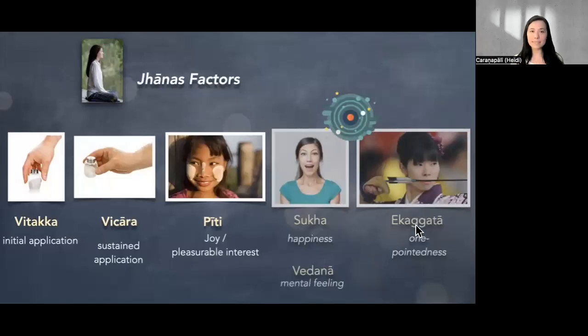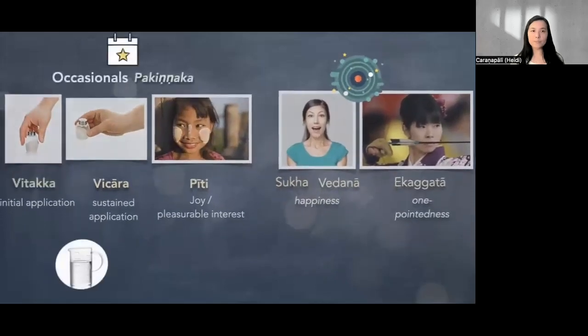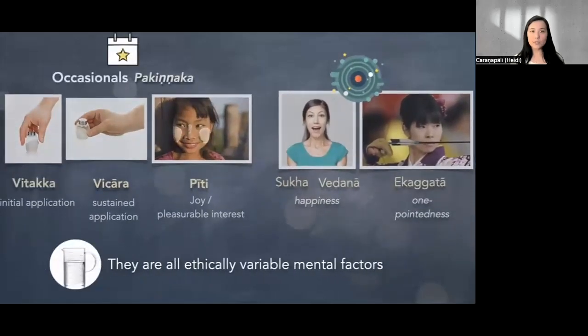Vedana and one-pointedness, ekagata. And then Vitakka, Vicara, and Piti, we're going to look at them today, and they are the occasional ones. So it's very interesting, you see here, that Vitakka, Vicara, Piti, sukha, or vedana itself, and ekagata, all of them can associate with any kinds of cittas.